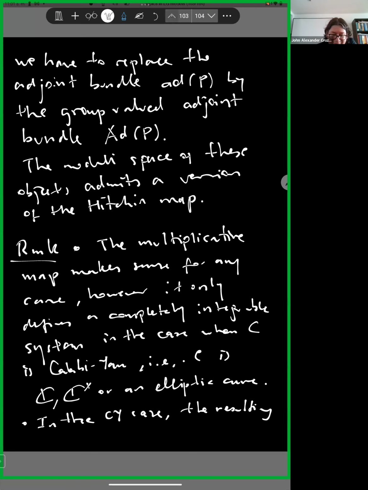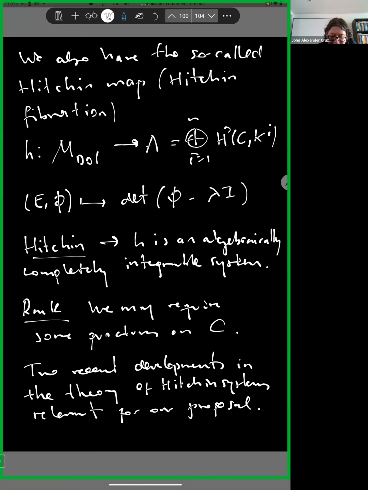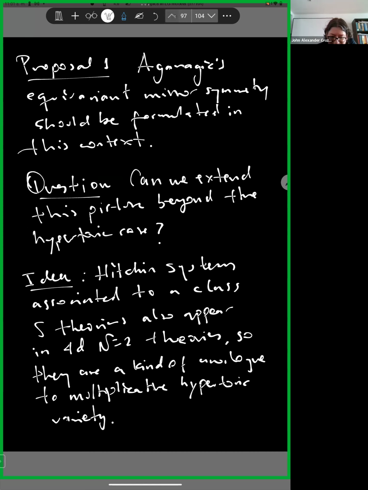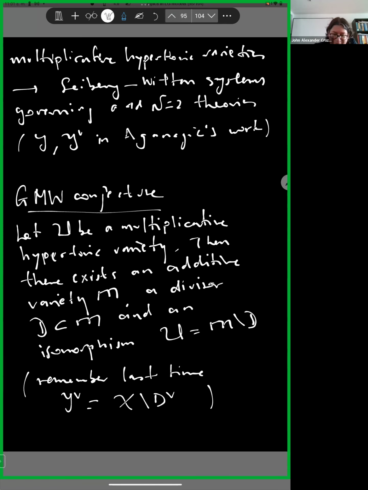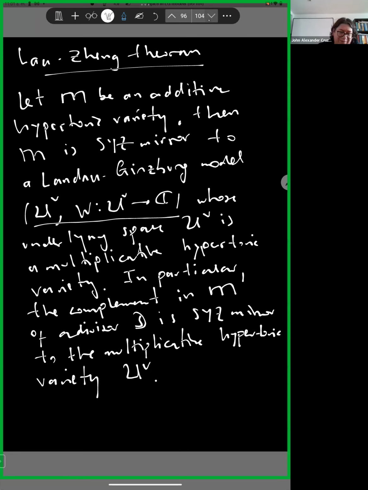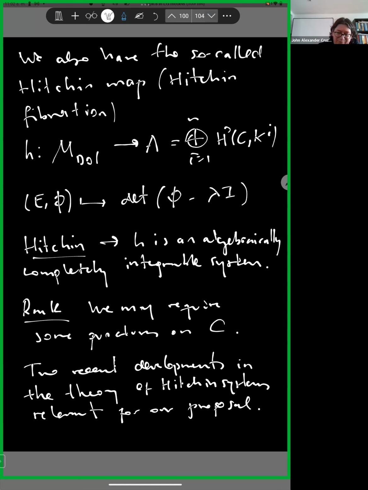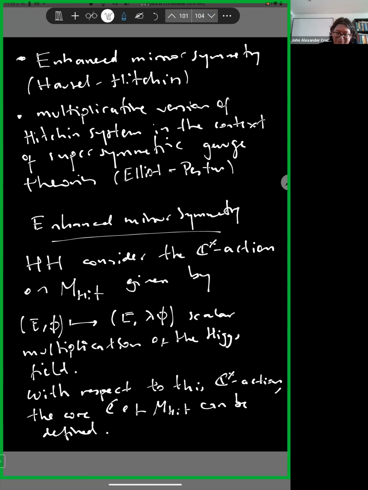We go back to the beginning of the discussion today. So some of these multiplicative Hitchin systems can be seen as Seiberg-Witten systems related to the 4D N=2 theories. This suggests a very close relationship between this and the multiplicative Hitchin system.